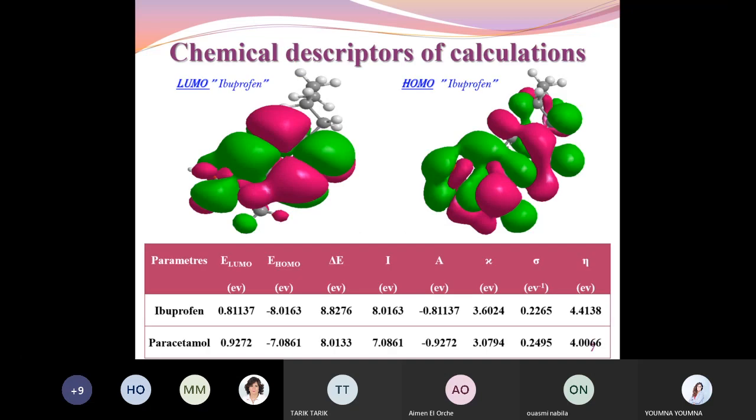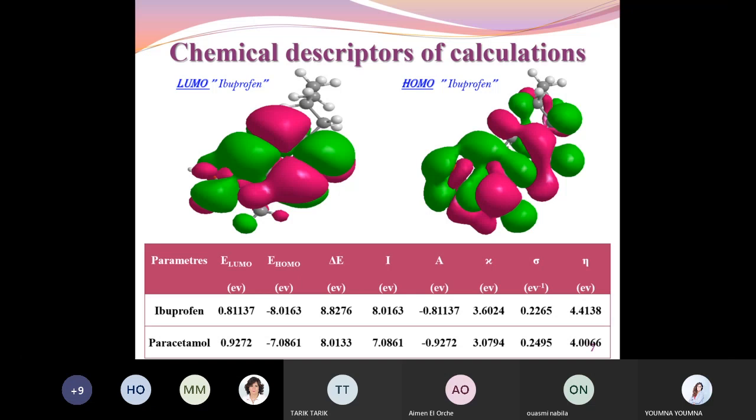In this theoretical study, we used the following equations of the ionization potential and electronic affinity, absolute electronegativity, overall hardness, and softness. The LUMO and HOMO energies were calculated for the two products.